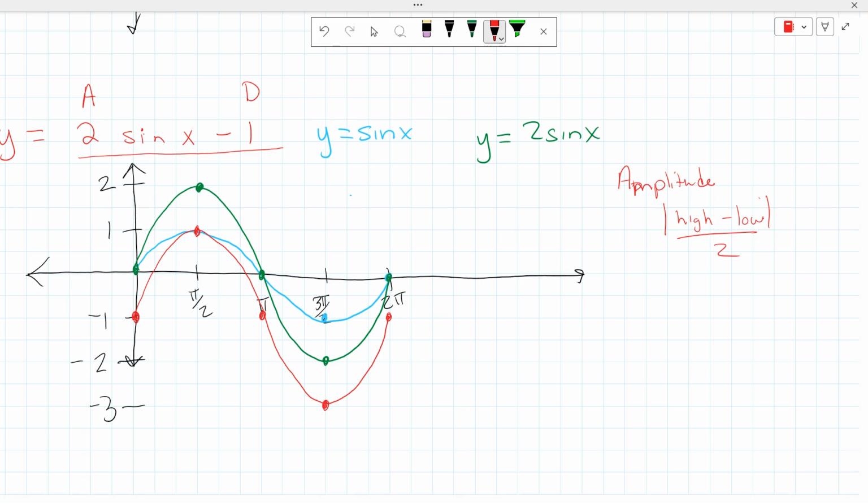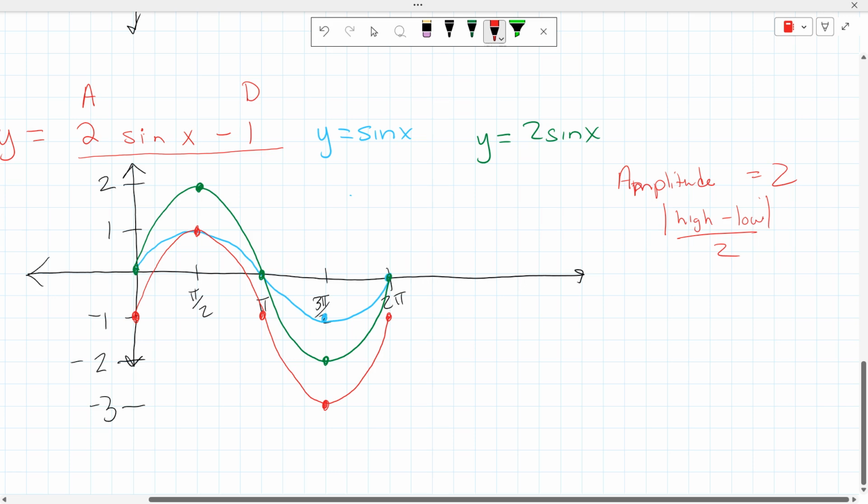So 1 minus a -3 is what? What's 1 minus -3? Wait, no. 1 minus -3 is 4. What's the absolute value of 4? 4 divided by 2 is 2. So its amplitude is 2. Its amplitude is 2.